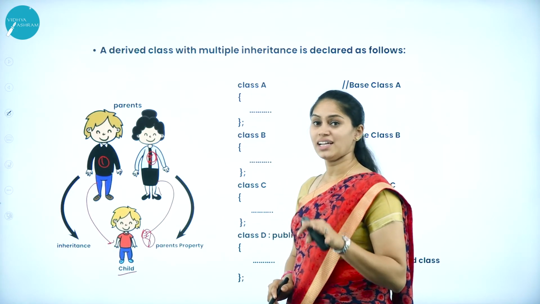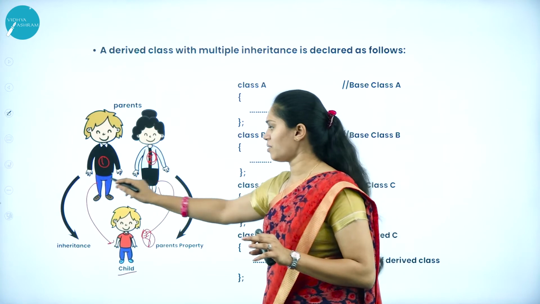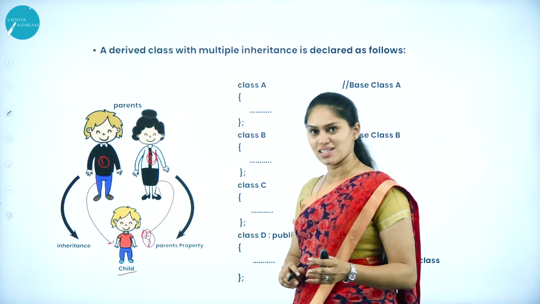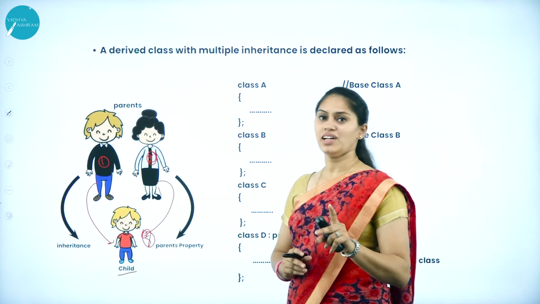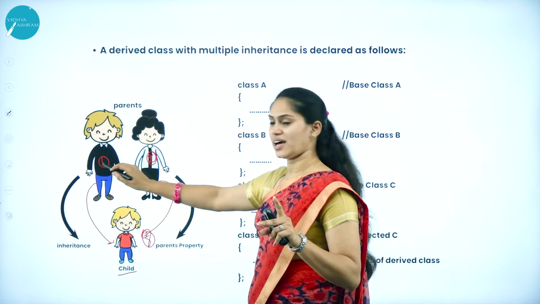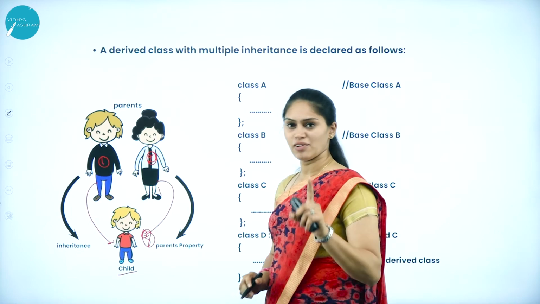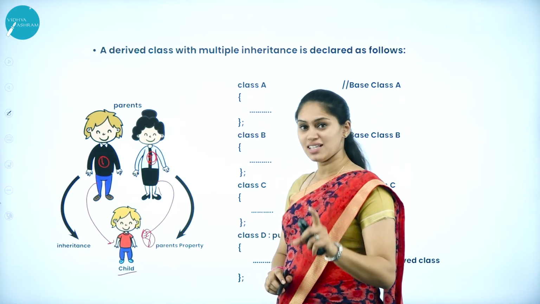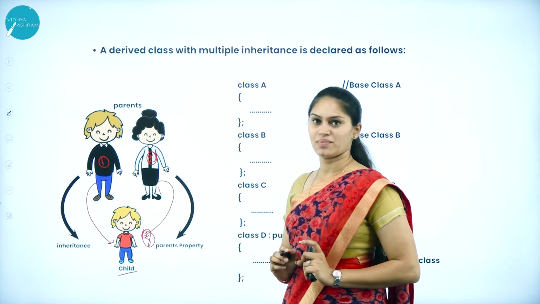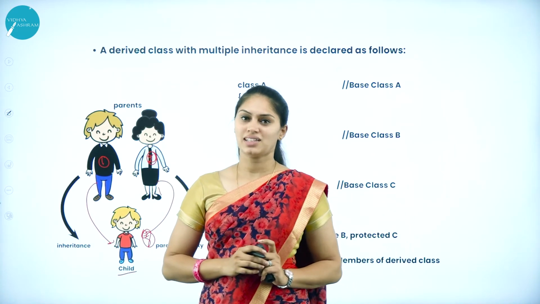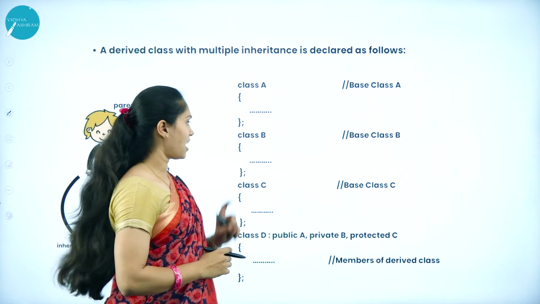So it is acquiring the features from more than one base class. That is nothing but multiple inheritance. Here I have two base classes, father and mother, and I have one derived class, that is the child. So this child is going to have features from both father and mother. Okay, so this is a real-time example to make you understand the concept.